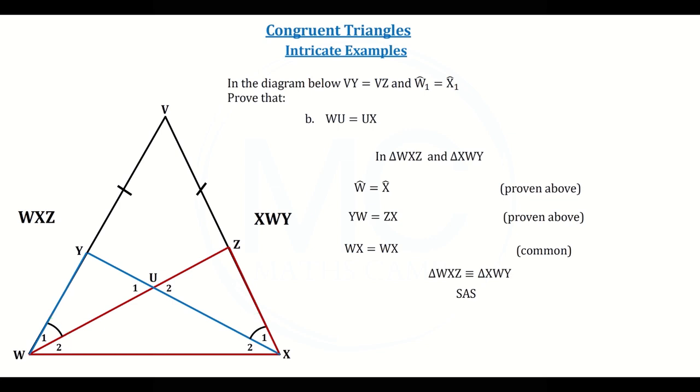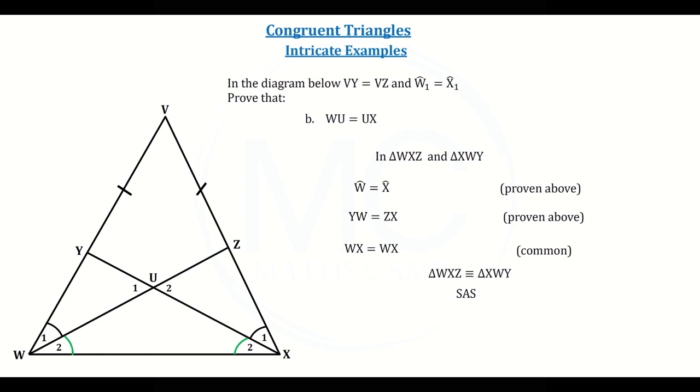We know that if two triangles are congruent, then all corresponding sides and all corresponding angles are equal. This means that we have now proven that angle W2, let's mark it in green, is equal to angle X2. We can mark this in green as well. Let's make our diagram black again.